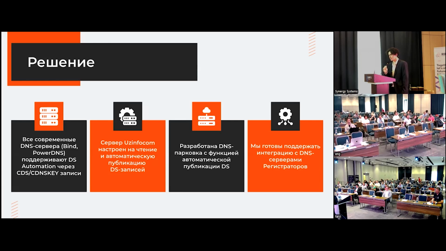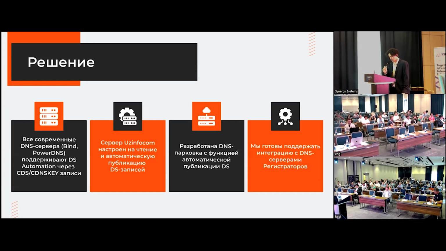Maybe you didn't know, however, the modern DNS servers, known as Bind and PowerDNS, support DNSSEC automation through CDS and CDNSKEY records. Both are alternatives. We developed such a system where every 5 minutes the server queries the zones and checks whether they have CDS records.